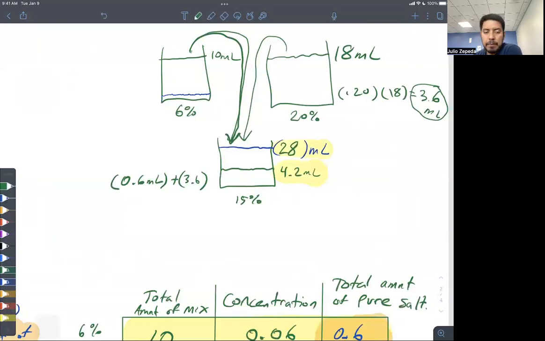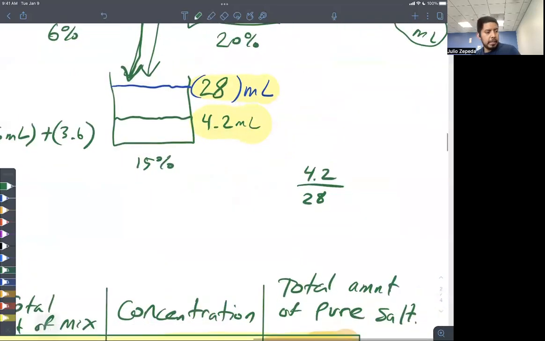We know we wanted it to be 15%, but is this actually a 15% concentration? Well, let's check. 4.2 divided by 28. I'll just use a calculator. We could do this without a calculator, but in my calculator I get 0.15. This is a 15% solution.